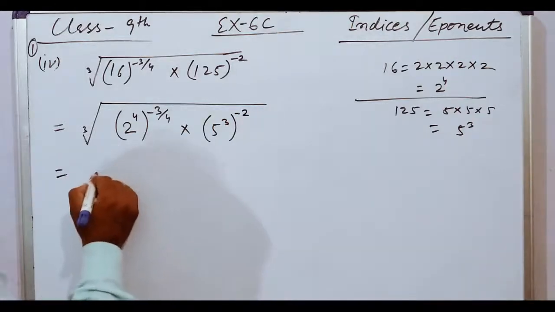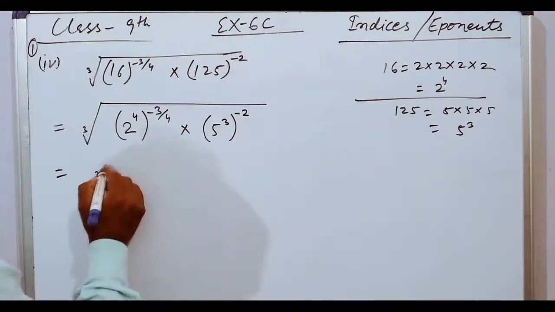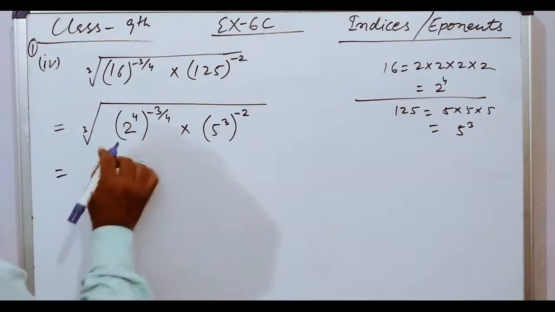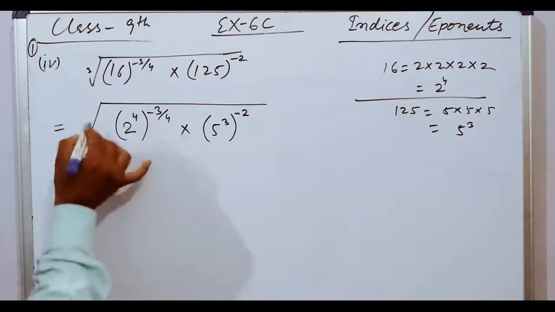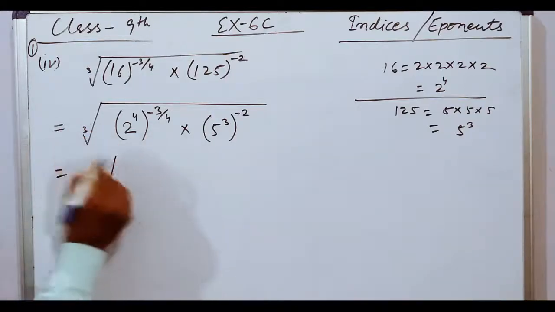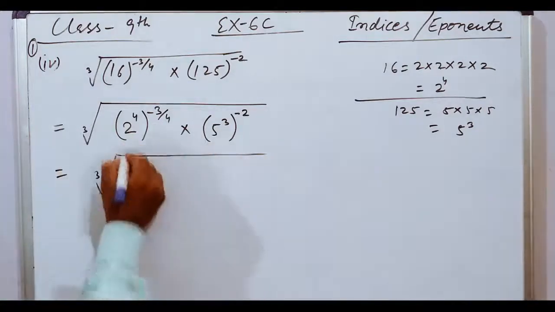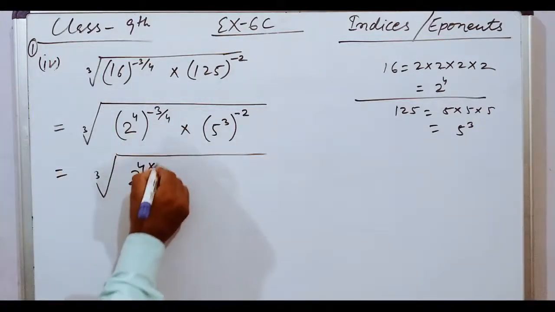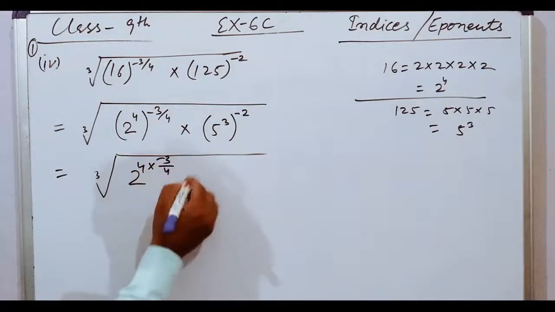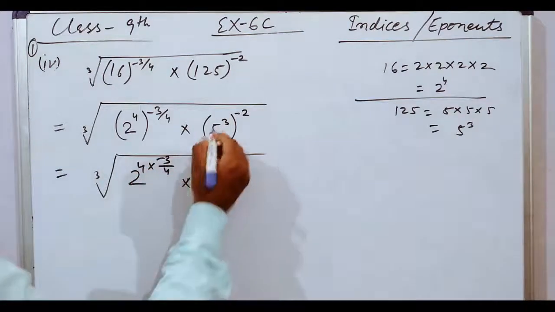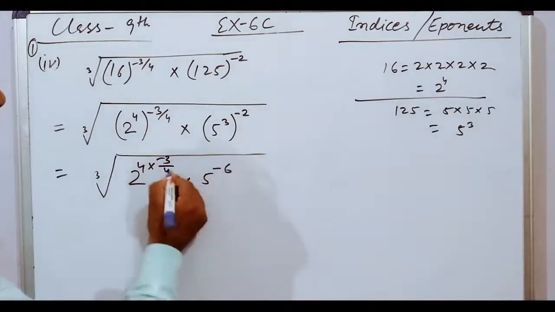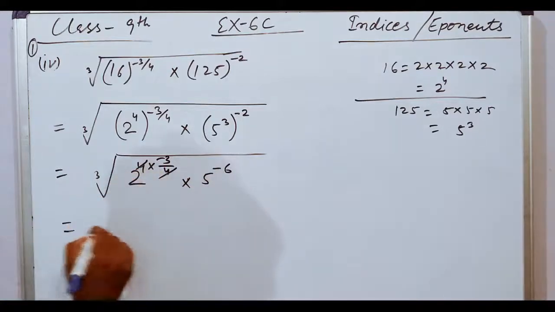So, cube root. Dear student, you have to make this cube root symbol very small. 2 to the power 4 into minus 3 upon 4 into 5 to the power minus 6, 4 cancel.